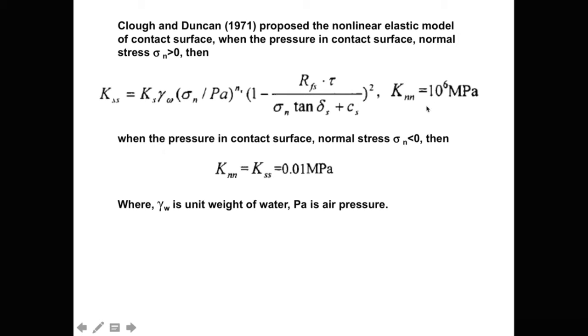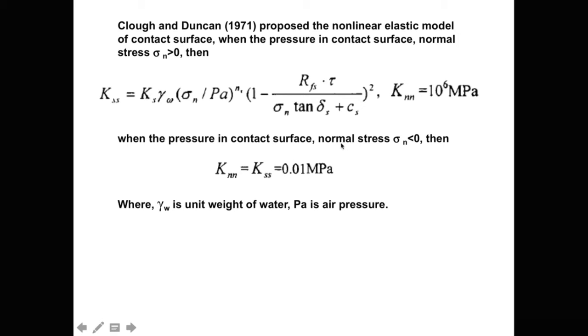We can find that this is a very large value. When the pressure in the contact surface, the normal stress sigma n, is less than 0, then Kn and Kss equal 0.01 MPa.